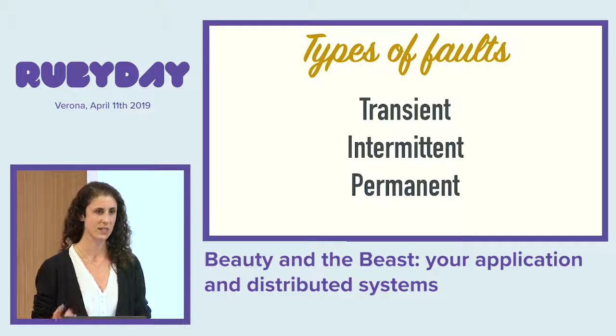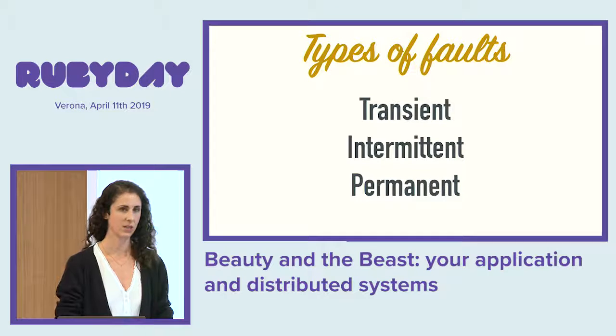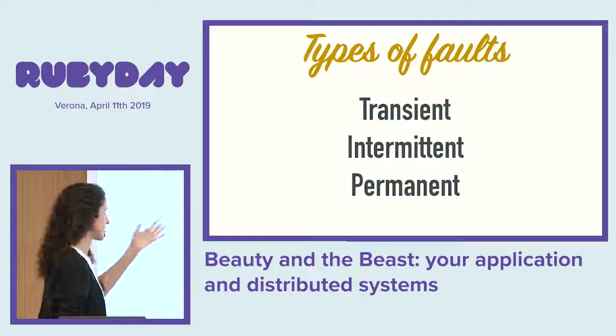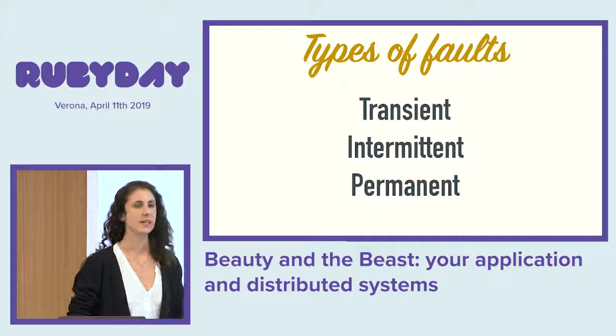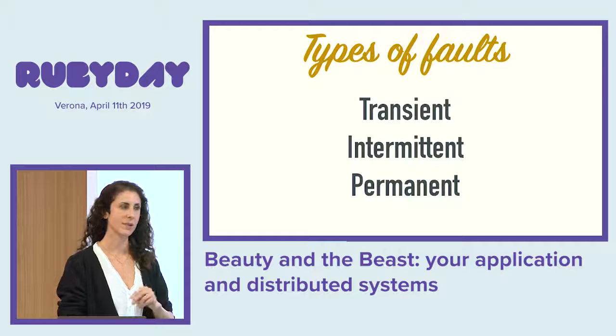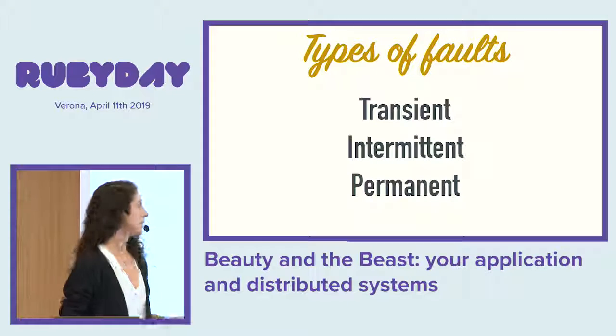So again, just like consistency, in order to really control this and have some guarantees, we have to categorize the different kinds of faults. The different kinds of faults are transient, intermittent, and permanent. Transient faults happen and then go away. They're not faults that return.